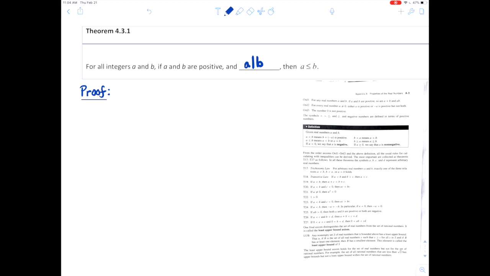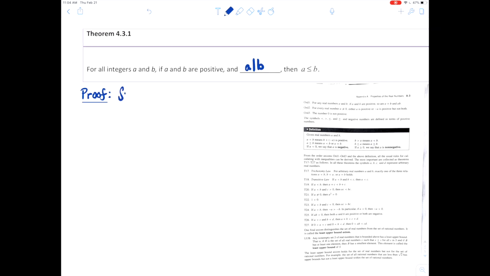So let's identify these things. Suppose a and b are positive integers, which you can write with the Z with the plus sign, or just write positive integers, and a divides b.